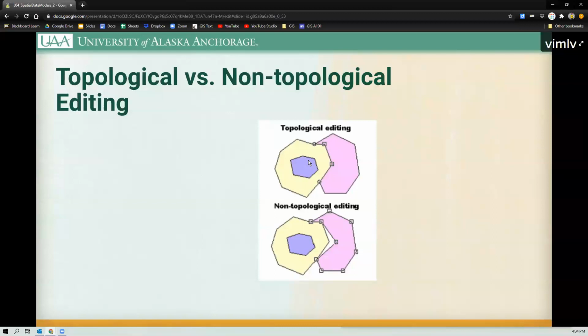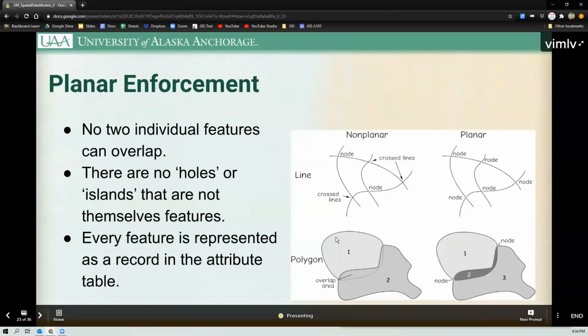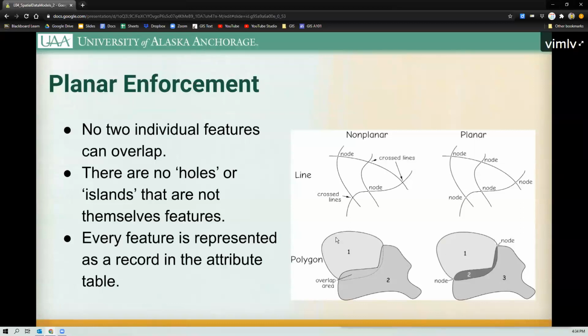So it can help you avoid some obvious errors, or at least visually clear errors. Key ones being points that don't snap together. So in enforcement of the rules, you can't have overlapping, right?